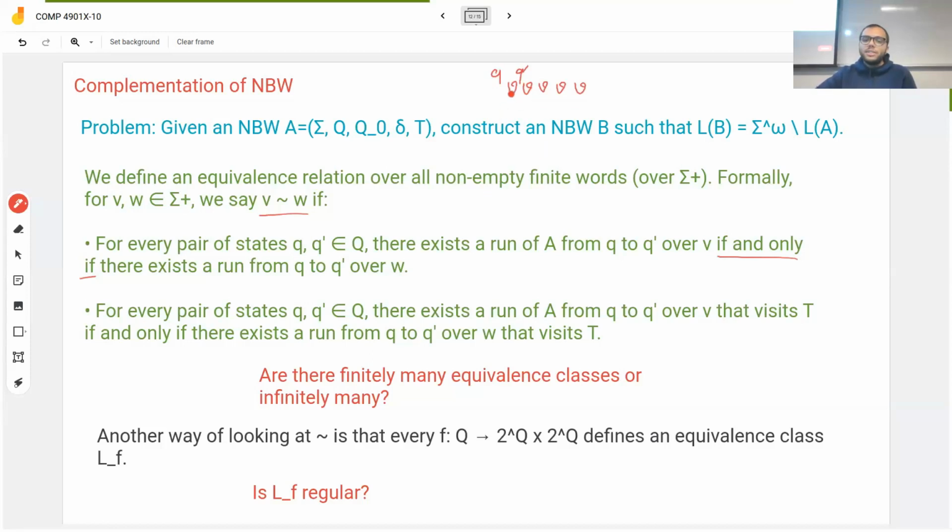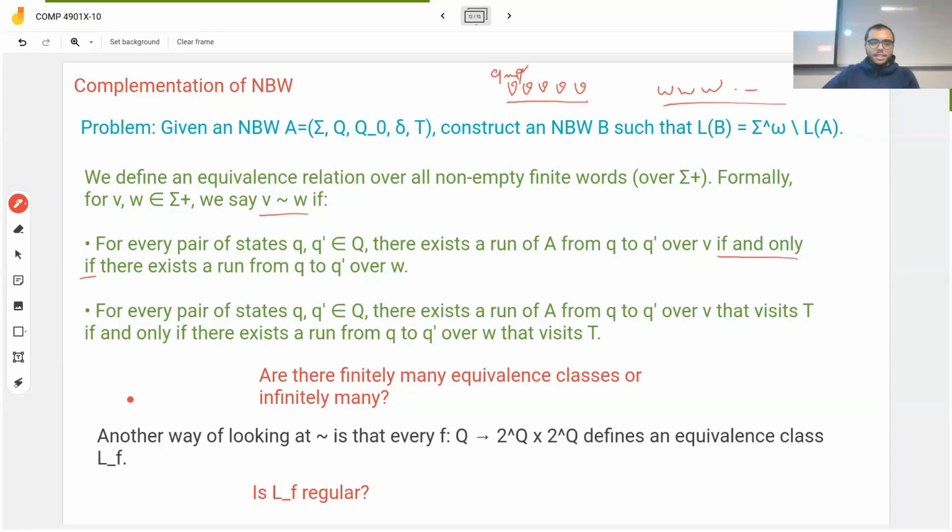But maybe when I was reading v on the way from q to q prime, I saw an accepting state. But if I replace the v with a w, I don't see an accepting state. In that case, I cannot really replace v with w, because instead of this, I will get w. And this one is accepted by my automaton. This one is rejected by my automaton.